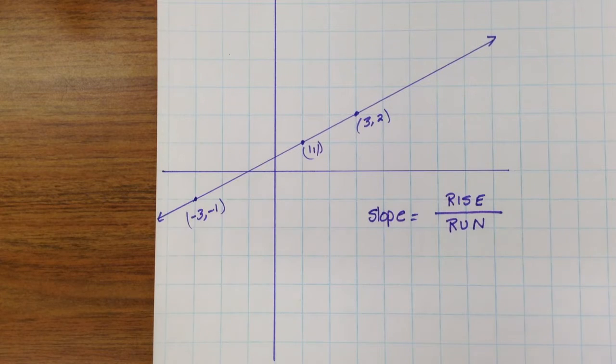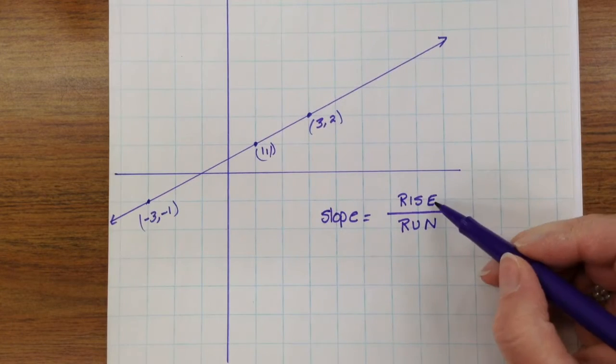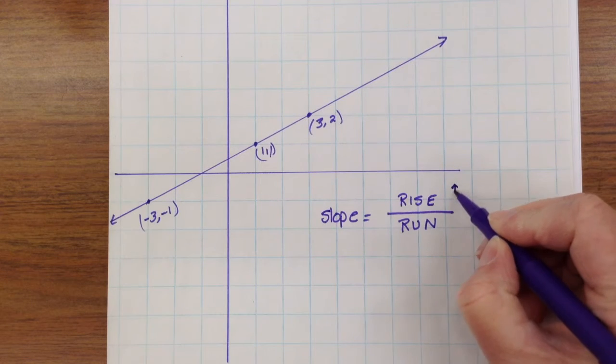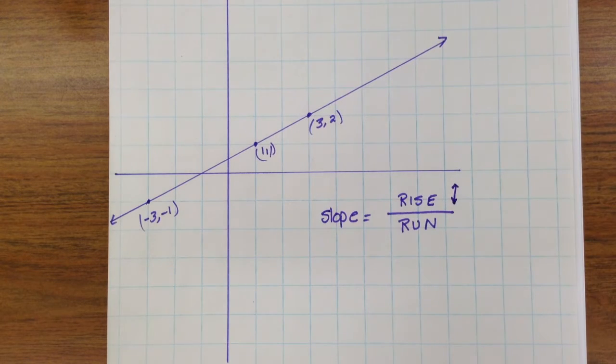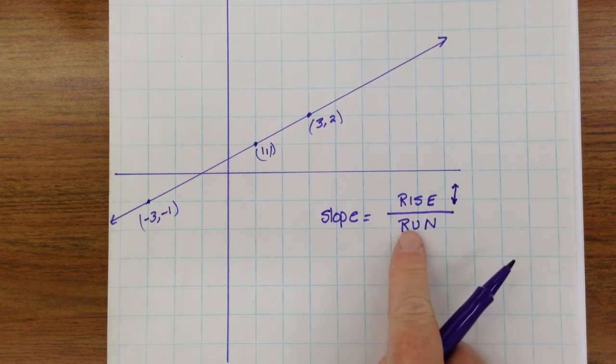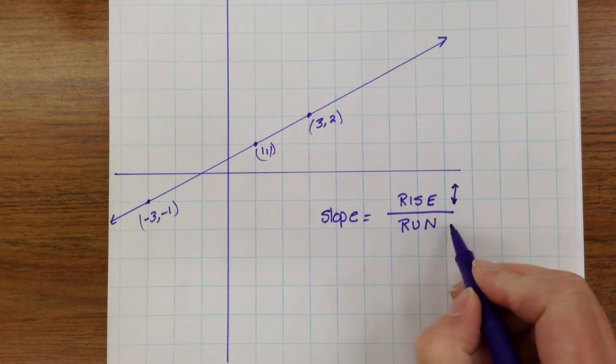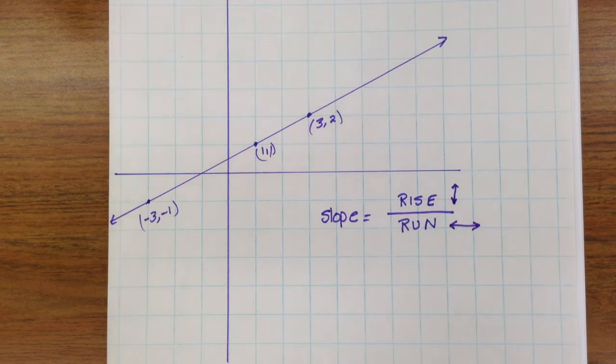Well, rise and run both start with R, so the alliteration is nice. But what does it really mean? We're going to measure the uppy-downiness and put that number in the top, and I'll show you how. And run is the horizontalness, the righty-leftiness of the line. And I'll show you how to do that, and we'll write that down. And then we'll get a fraction, and that fraction is the slope.